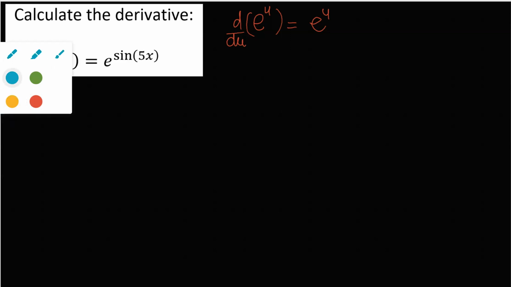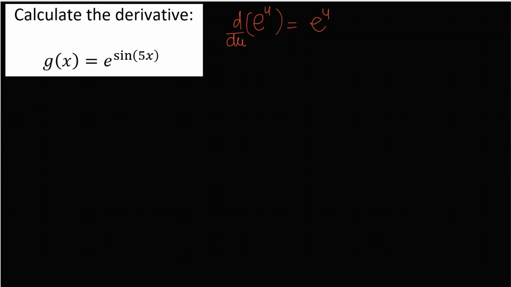Now, the second thing that we should be looking at is the function sine of, let's call this w, right? And if we were to take the derivative of that, we would have the derivative of sine is cosine.